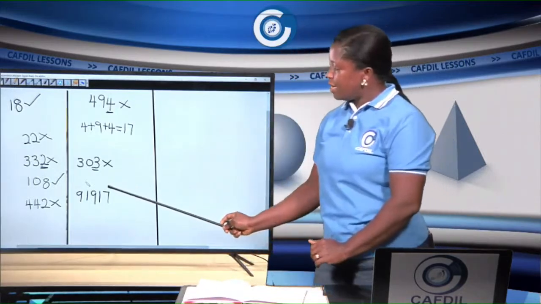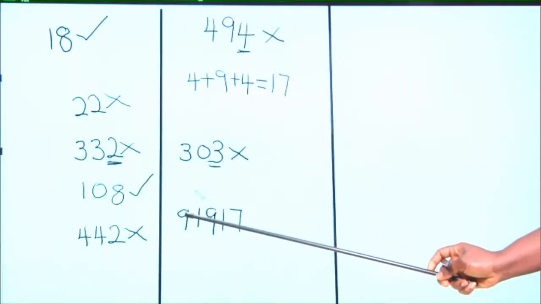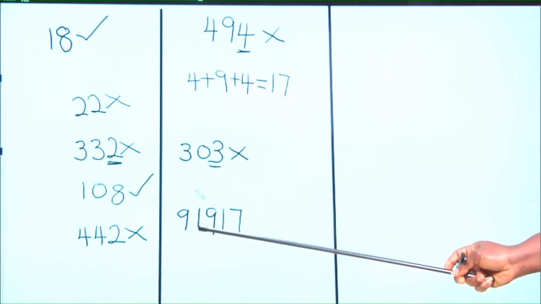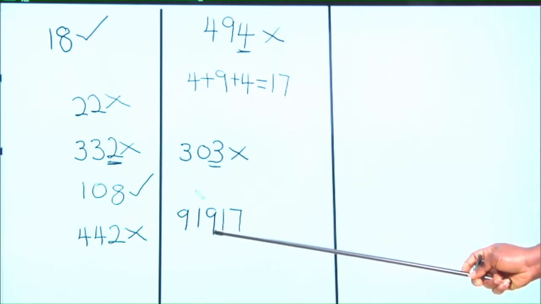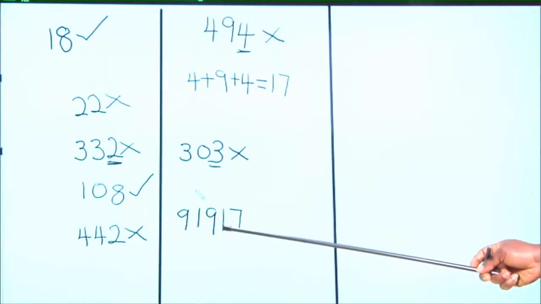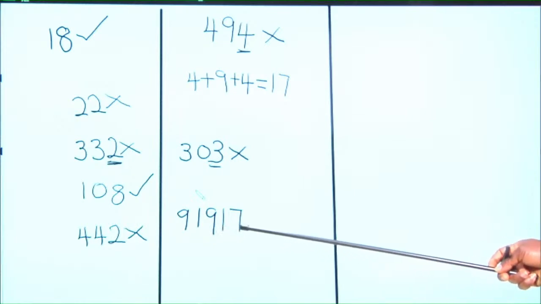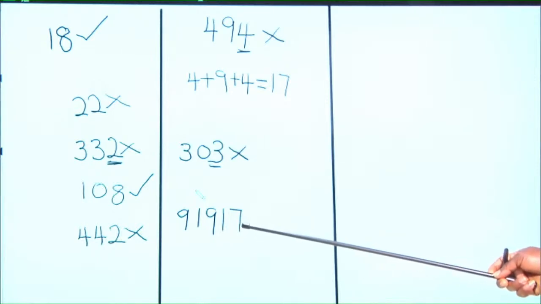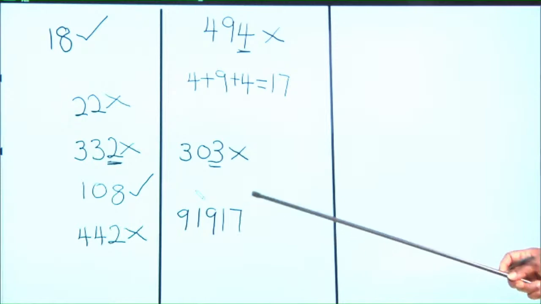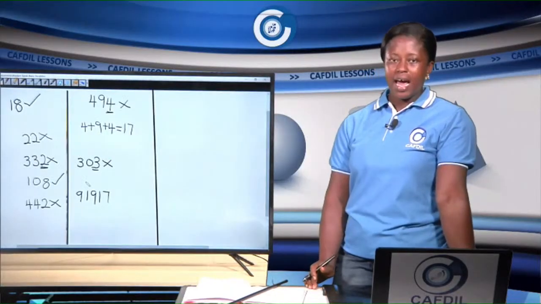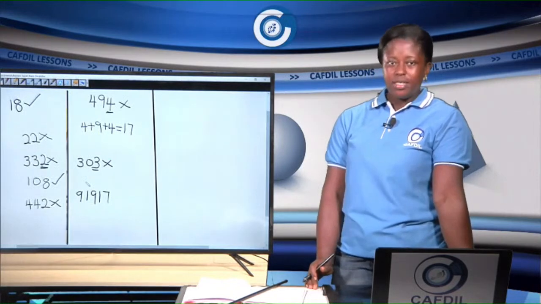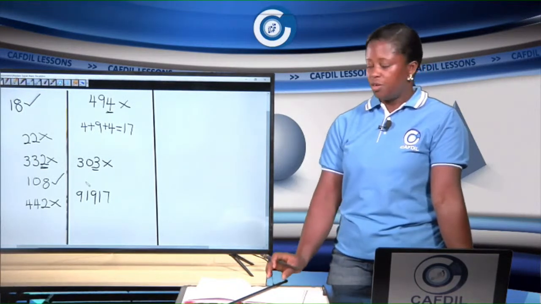Let's add all the digits and see. 9 plus 1 is 10. 10 plus 9 is 19. 19 plus 1 is 20. 20 plus 7 will give us 27. So, is 27 divisible by 9? Yes, 27 is divisible by 9.